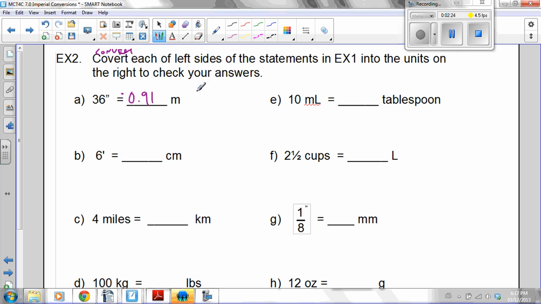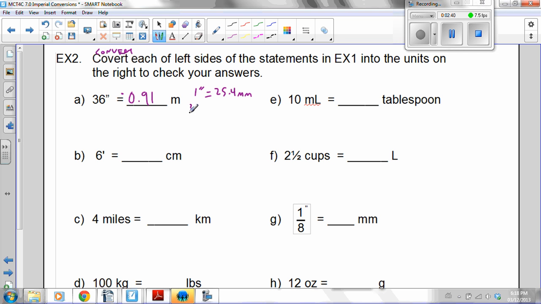Our conversion factor is 1 inch is 25.4 millimeters. Now notice we're kind of worried about that because we wanted the answer in meters and we've got it in millimeters, but that'll work out fine.